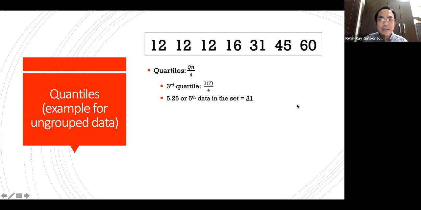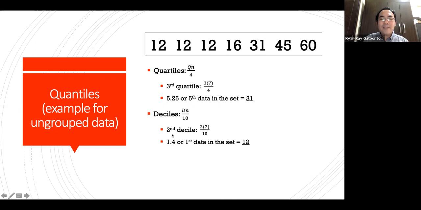Let's have another example. When we try to compute for the decile, the formula is dn divided by 10, where d is the number of the decile that you're looking into, and n is the number of observations, divided by 10, the cut points that you divided your whole data set into.